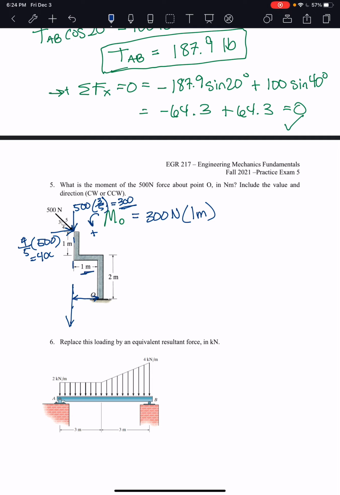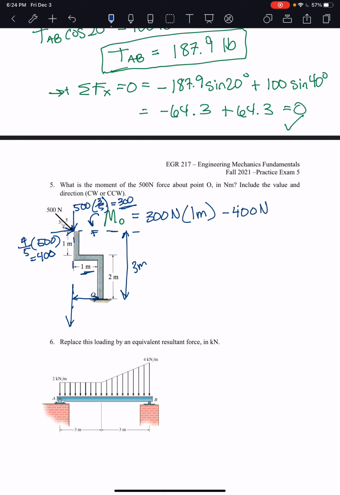And then the next one is this 400 Newton force, which is just the x component of that 500 Newton force. That one is along this line, and it's 3 meters from there. That one is going to be going in the negative direction, so minus 400 newtons.